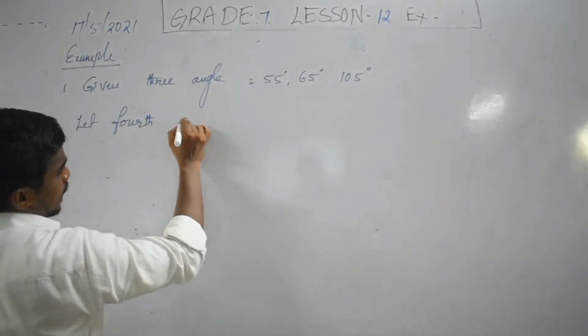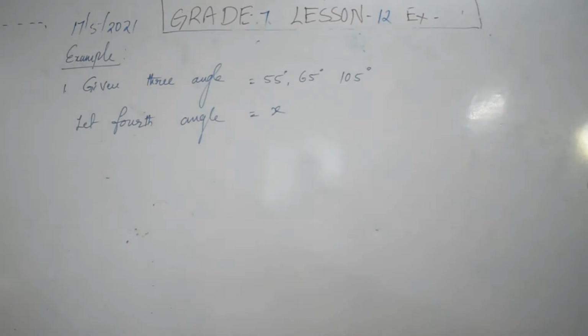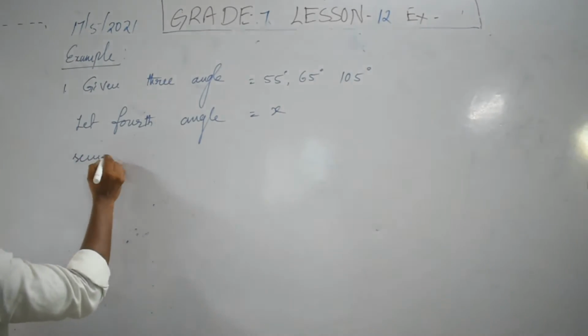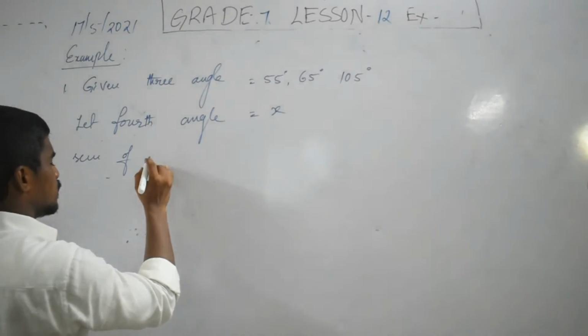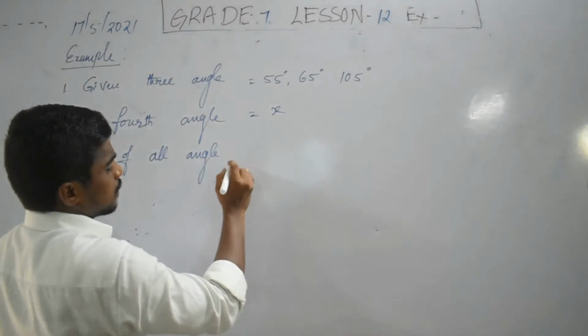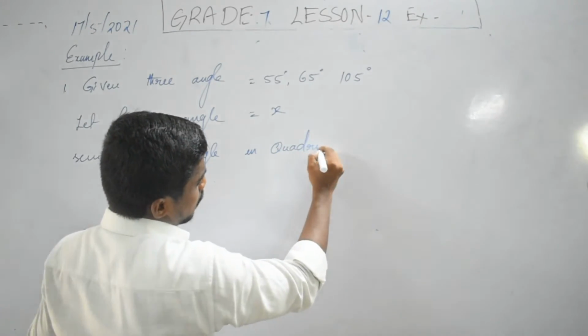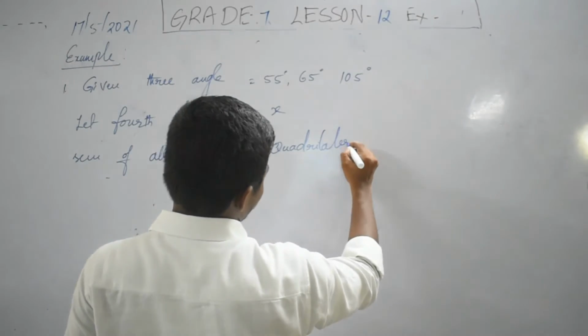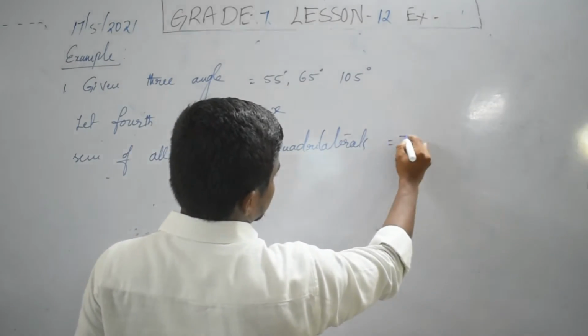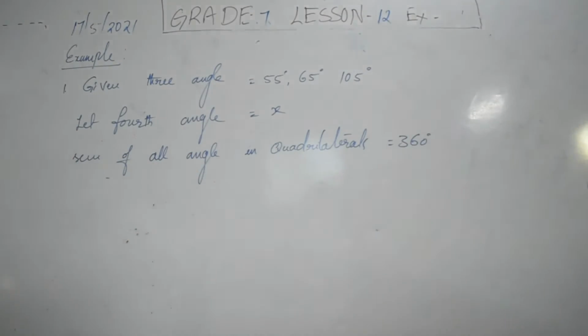Let the fourth angle be X. The sum of all angles in a quadrilateral is 360 degrees.